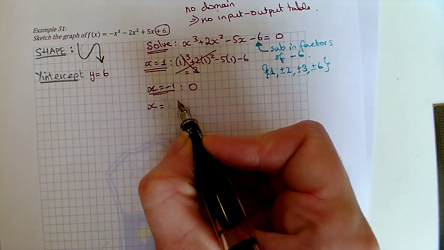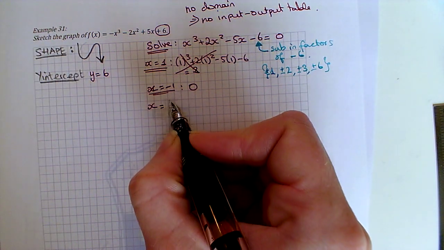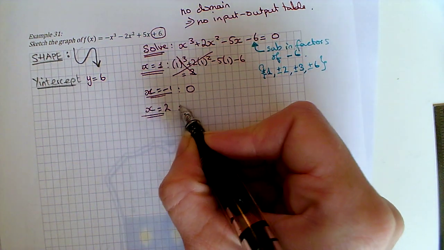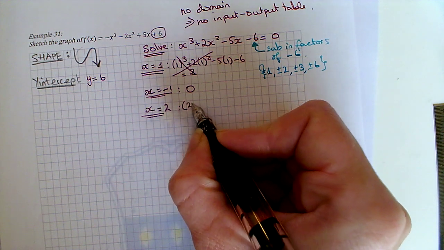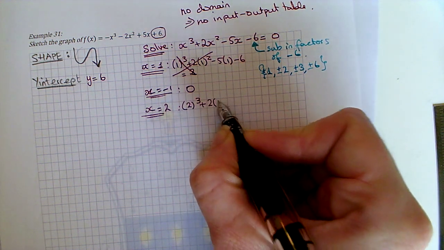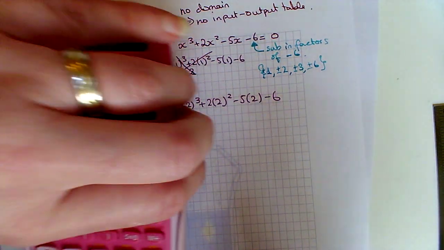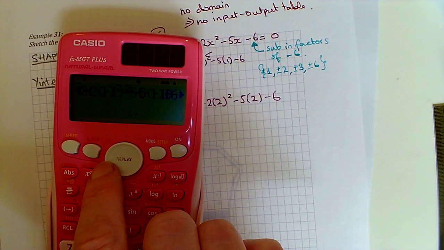And when x is equal to 2, we sub it in, we actually get 0 again. So 2 cubed plus 2 by 2 squared minus 5 by 2 minus 6.